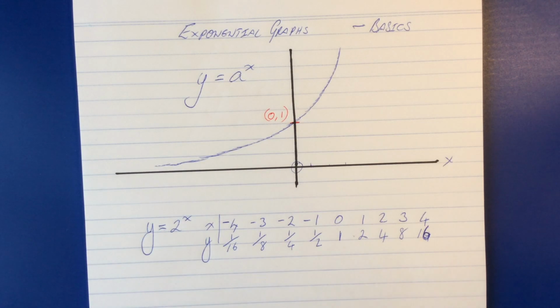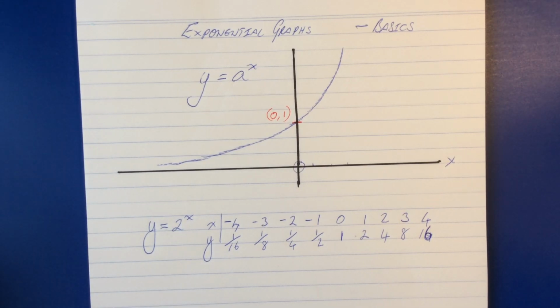But they are capable of being played around with just like any other graph is. We can move them up and down, we can move them side to side, we can dilate them, anything that you can do with other graphs you can do with these. But this is really just the basics of it.